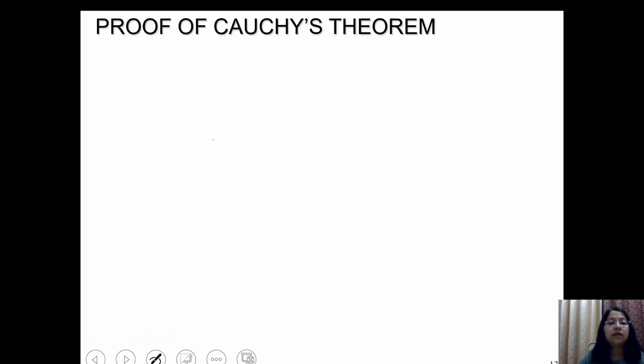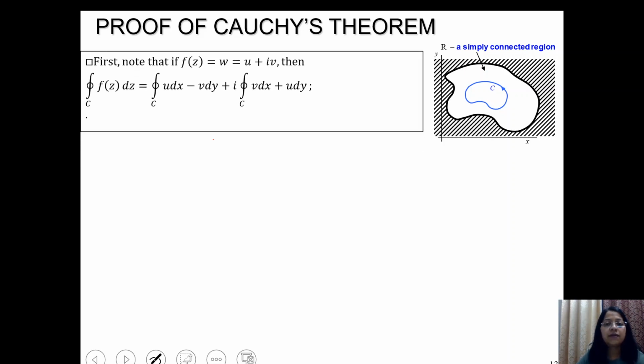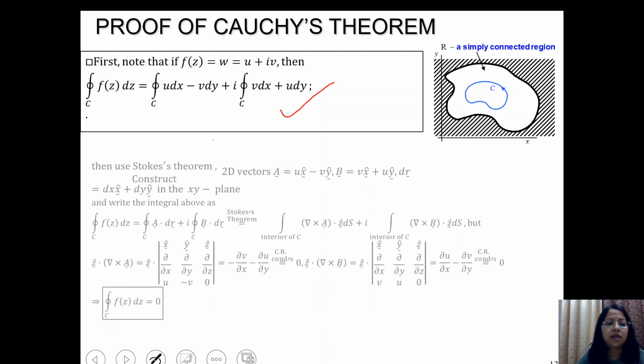Now let's look at the derivation of Cauchy's theorem. We have a simply connected region, and the curve C is defined in the region R, and we have to integrate a function f z along this curve C. Here f z is equal to u plus iota v. Then we can write the closed integral over C of f z dz as this. We have already simplified the line integral in terms of u, v and dx dy.